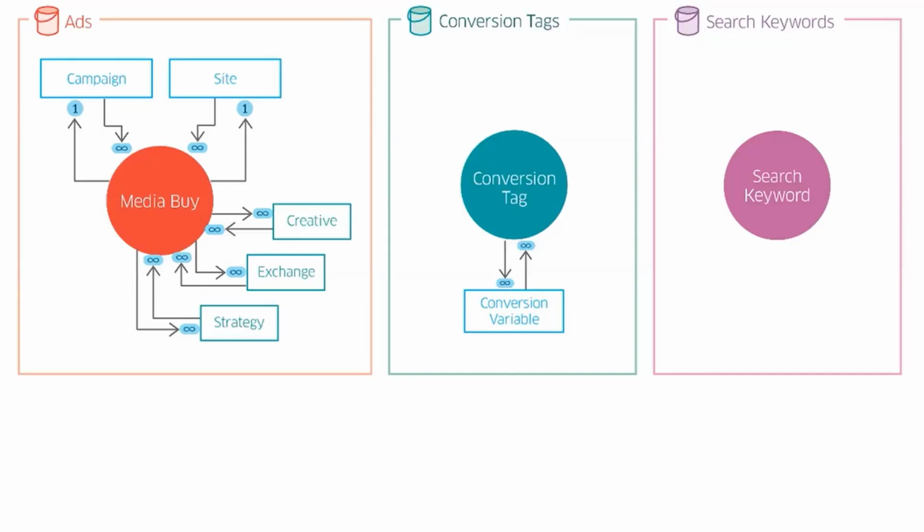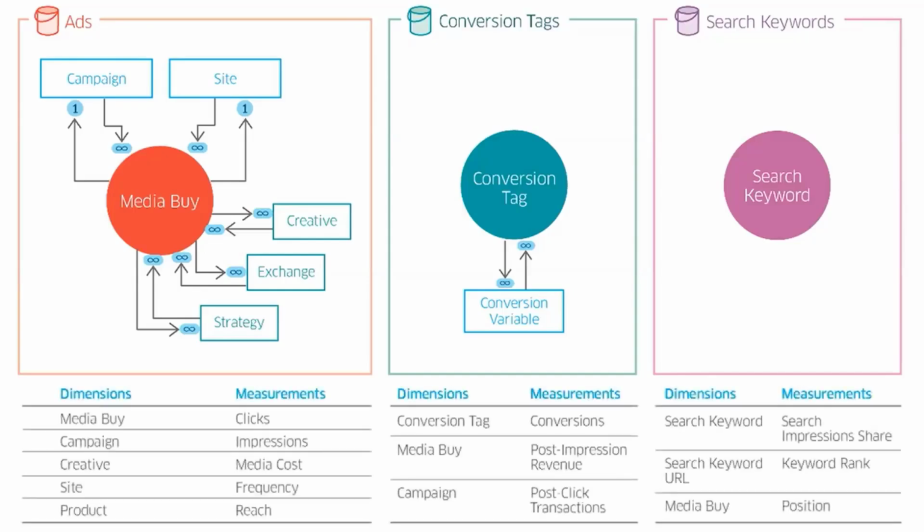Cool, so let's look into the various dimensions and measurements that get attached to the various data sets. In my ads data set I have the media buy, clicks, campaign, creative, site, etc. Dimensions for conversions are conversion tags. Does everyone know what a conversion tag is?